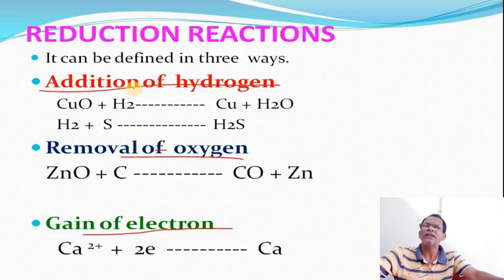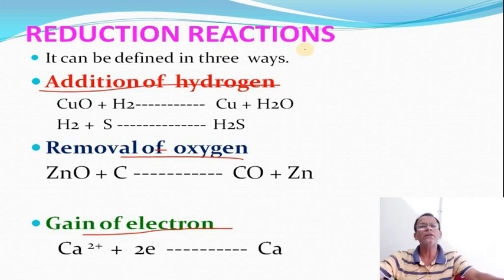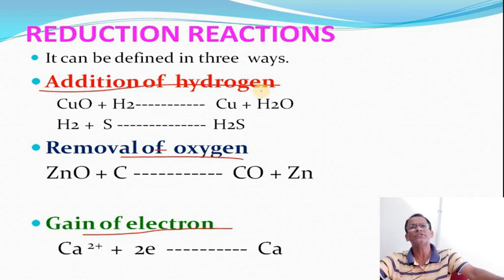Hydrogen and oxygen, when they mix, form a water molecule. That's why here hydrogen is added to oxygen. Then in the second example, hydrogen reacts with sulfur, forming hydrogen sulfide. Here we can say hydrogen is added to sulfur. That's why it is a reduction reaction.